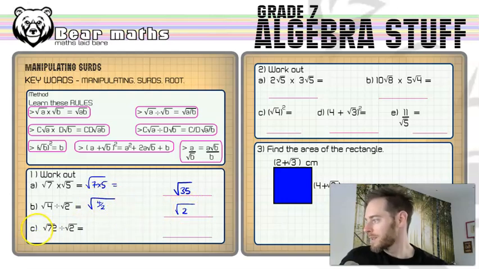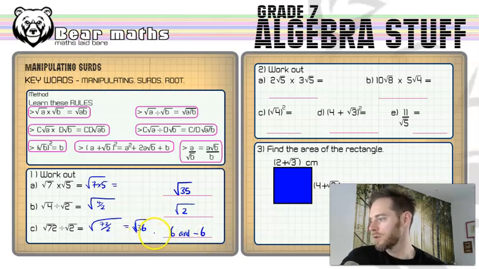C is root 72 divided by root 2. Again, just the same thing, and we're going to do 72 divided by 2, and 72 divided by 2 is 36, and that's root 36, but I haven't written it in the answer space because I know that root 36 is a number, or it is two numbers technically. It is 6 and or minus 6 at the same time.